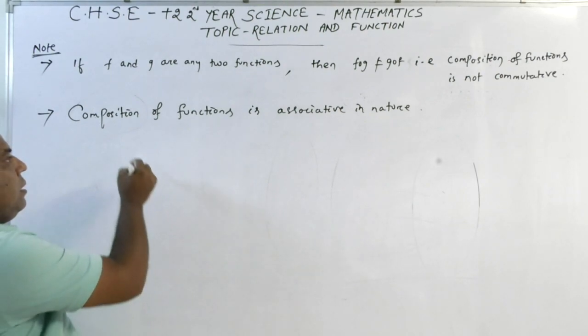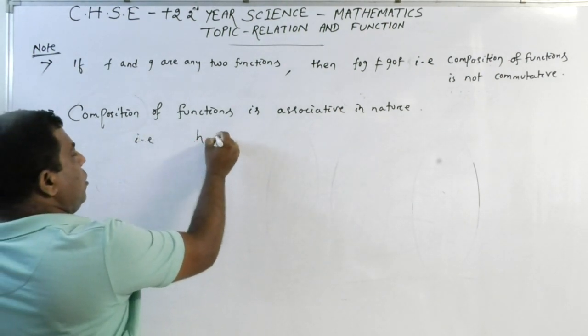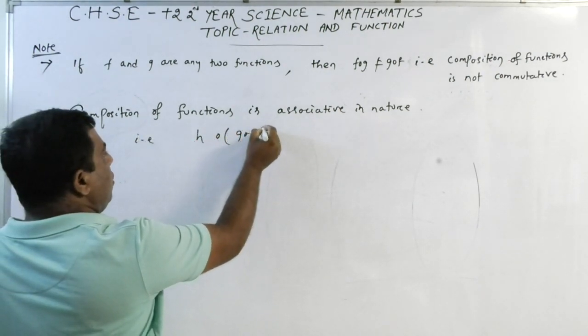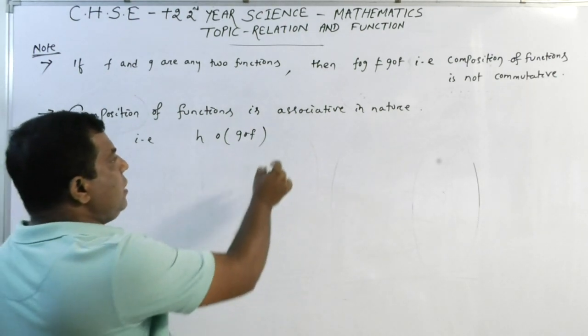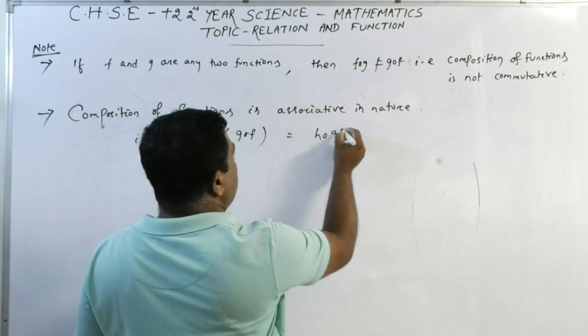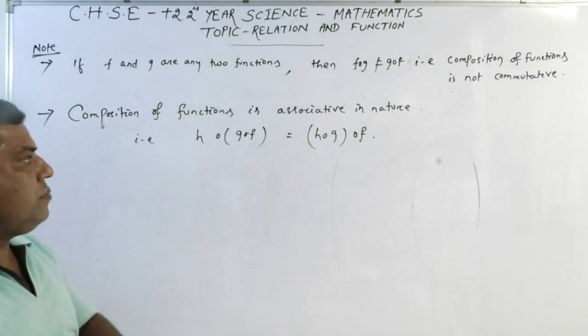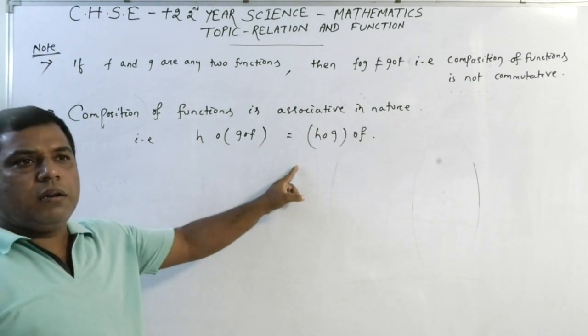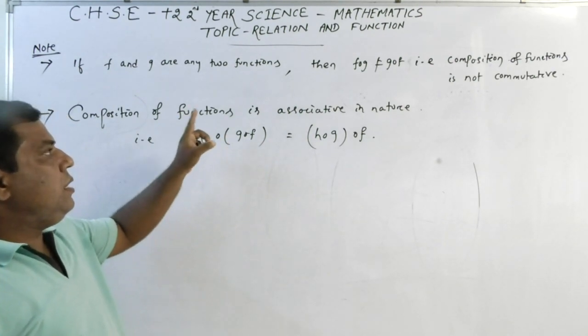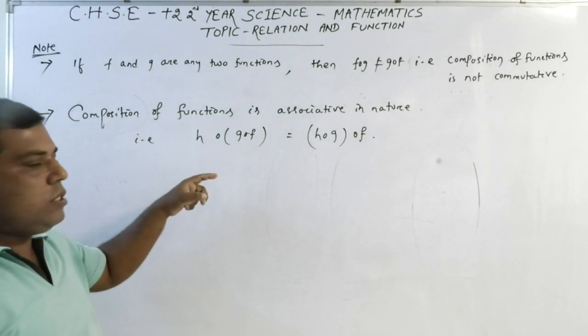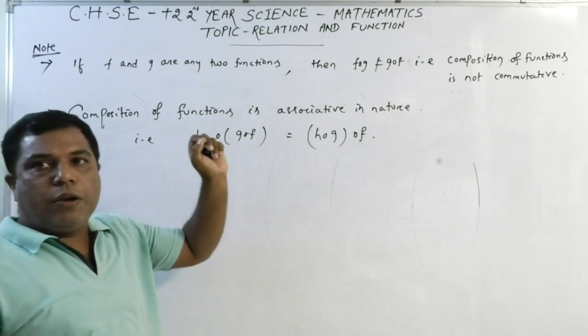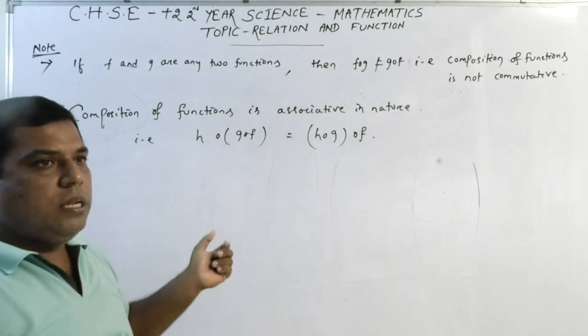What it means is that h operated on g operated on f is equal to h operated on g, operated on f. Clear? So, these two are very vital pieces of information about the composition of functions.